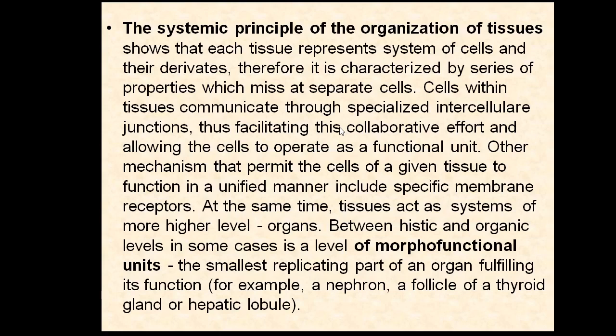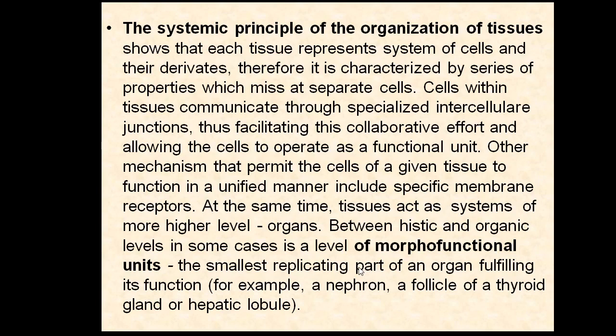Usually our organs are a combination of all 4 types of tissues which the human body has. Between histic and organic level is the level of morphofunctional unit. Later, when we will study the microscopic anatomy or special histology, we will talk about the morphofunctional units in each organ.